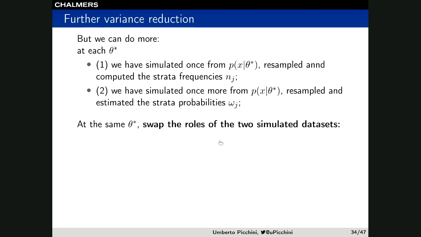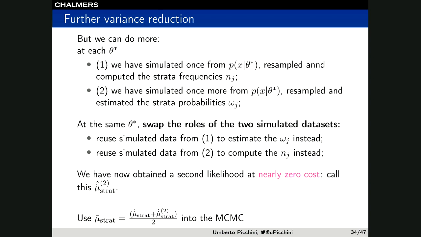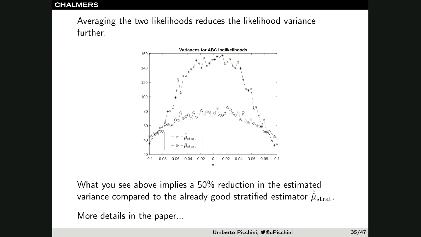So we swap the roles of these two sets. So now we can obtain at zero cost a second ABC likelihood at the same iteration, and we can average the two. This is from the original approach, and this is the one from swapping the roles of the simulated summaries, and we average them, and we halve the variance of the ABC likelihood.